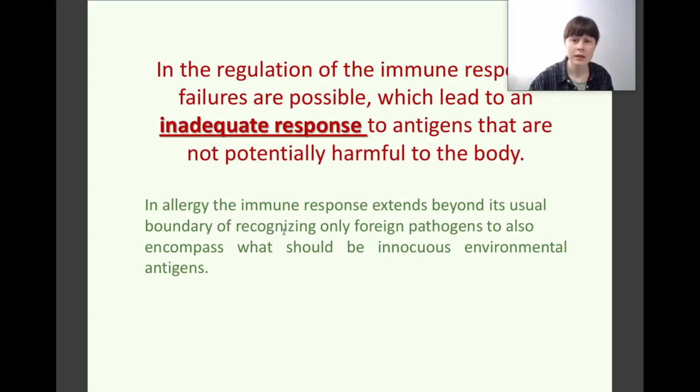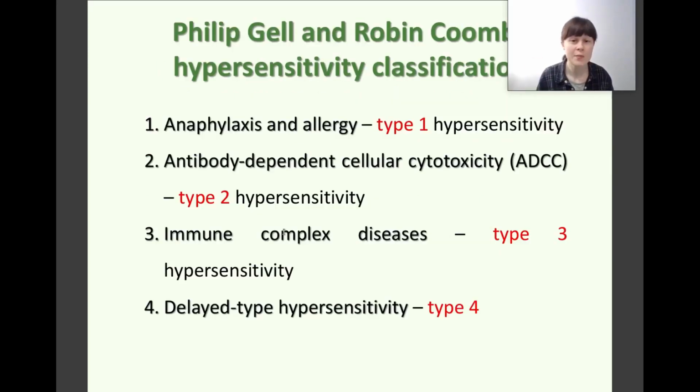And here you see the various hypersensitivity states, which were originally classified into types 1 to 4 by Gell and Coombs, and this classification remains broadly useful nowadays. Here you see type 1 hypersensitivity, also called anaphylaxis and allergy. Type 2 hypersensitivity is also termed antibody-dependent cellular cytotoxicity.